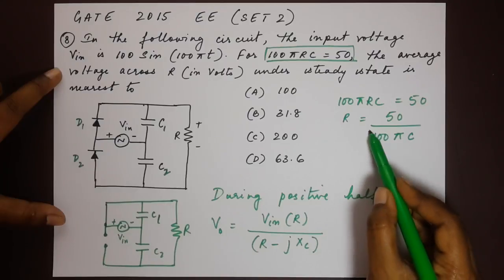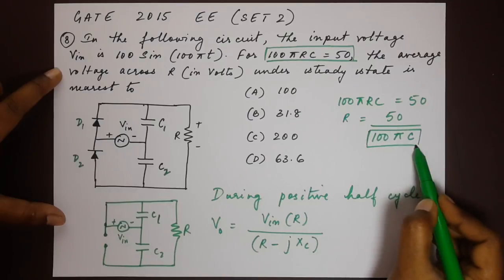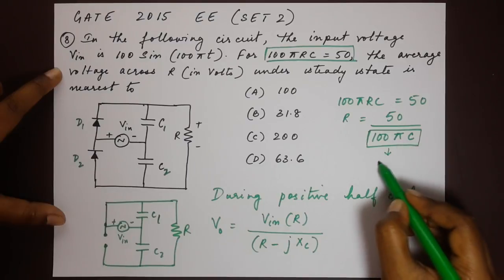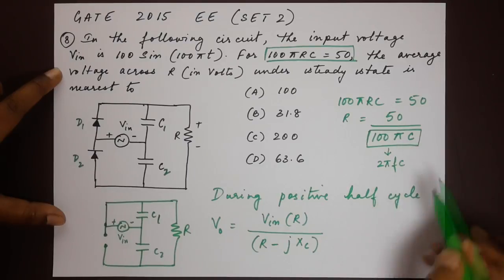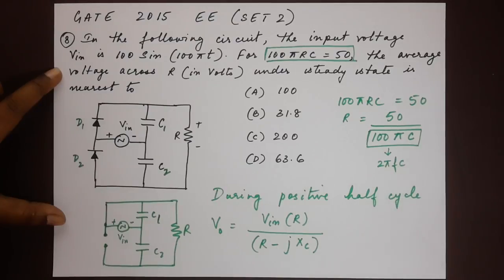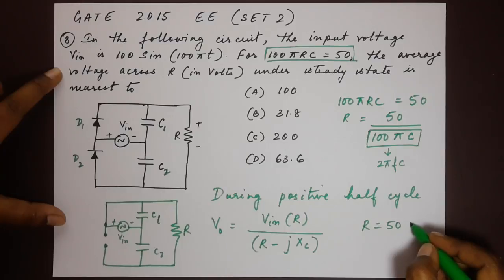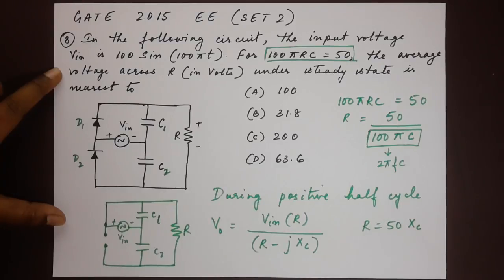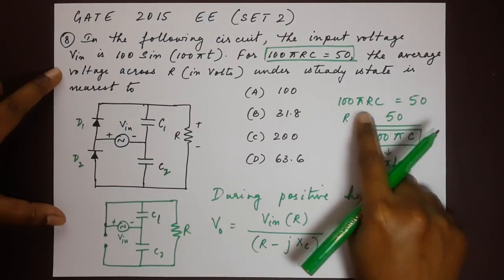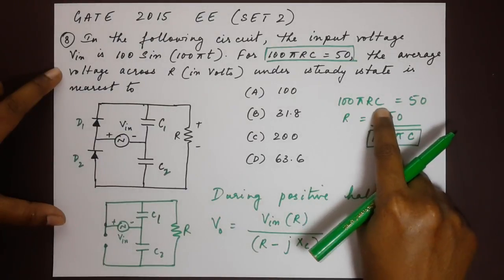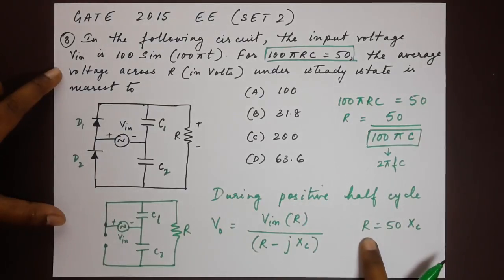That indicates that 100 pi C is 2 pi Fc. And 1 divided by 2 pi Fc is Xc. So here R equals 50 Xc. I hope you understand how we have taken 100 pi RC equals 50 and written it as R equal to 50 Xc.